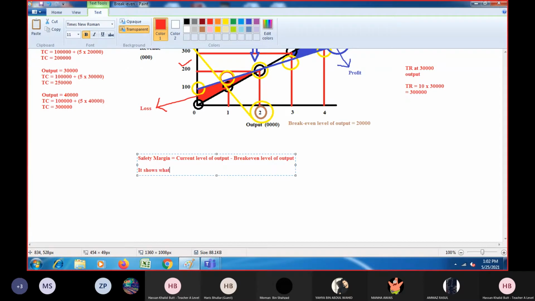It shows what amount of sales a business can lose before suffering loss. Got it? So it shows what amount of sales. If, let's say, sales are falling, then by looking at the safety margin, the business can see how much sales can continue to fall without suffering loss.